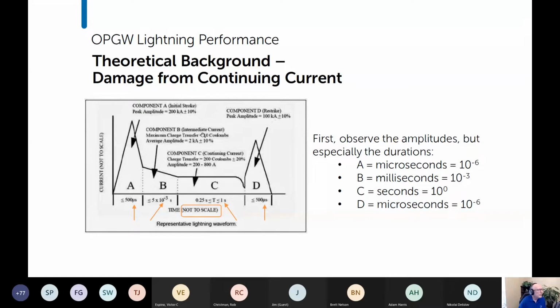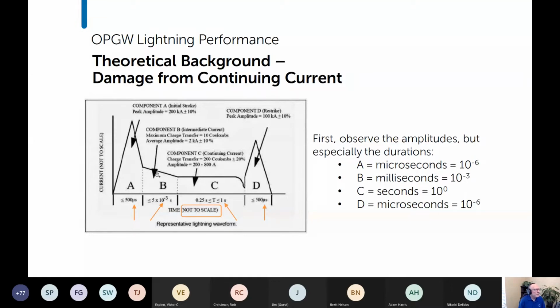The continuing current is around 2 kiloamps. Again, in terms of sheer number, that's a lot of current going on. And then the component C, the continuing current component, the amplitude is on the order of hundreds of amps. It shows here 200 to 800 amps.